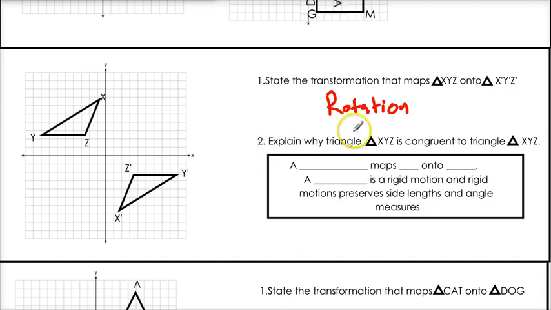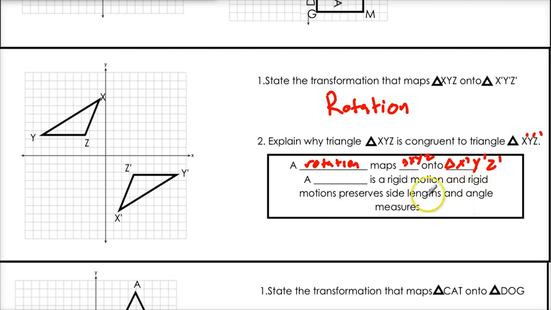So let's explain why triangle XYZ is congruent to triangle X prime, Y prime, Z prime. A rotation, you can just fill in these words, maps triangle XYZ onto triangle X prime, Y prime, Z prime.